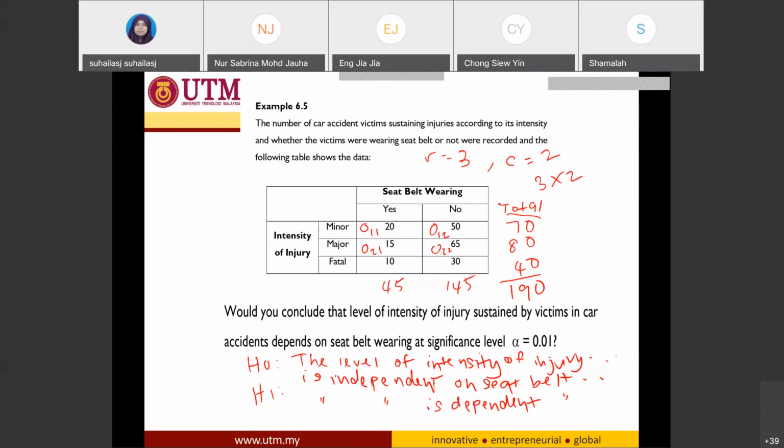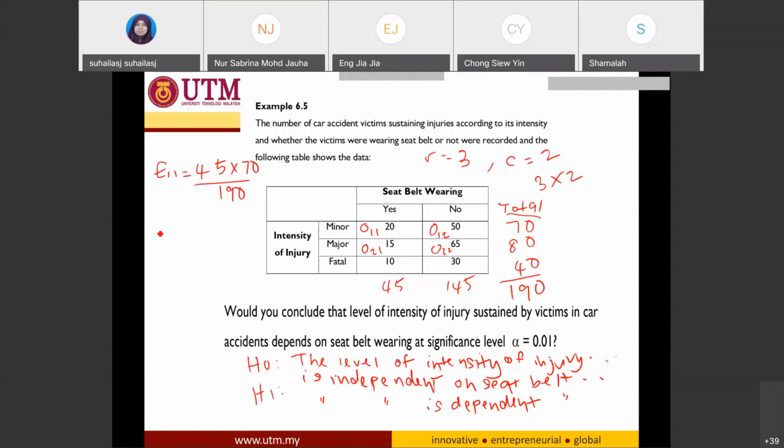Let's say if you want to find E11, you will have total for first row times total for first column divided by grand total. For example, in this case, you will have 45 times 70 divided by 190.